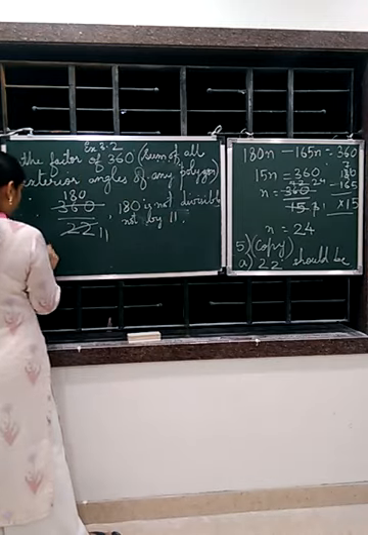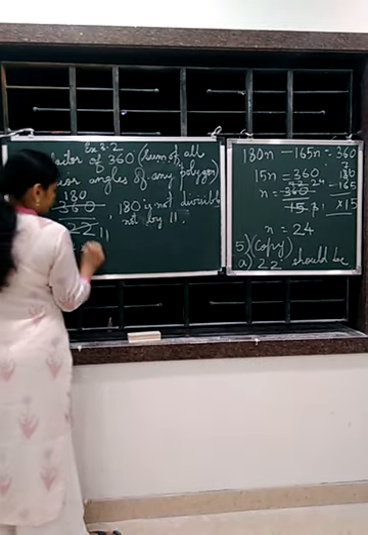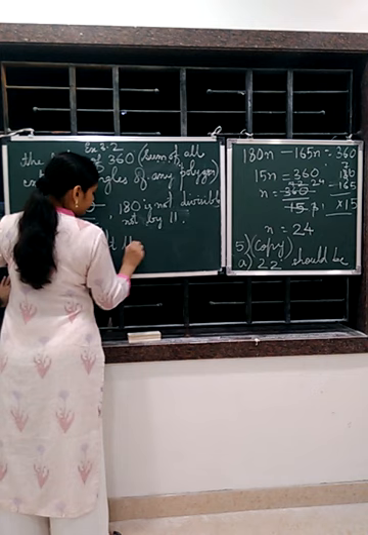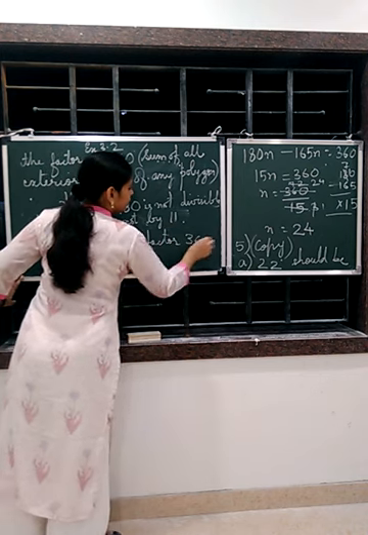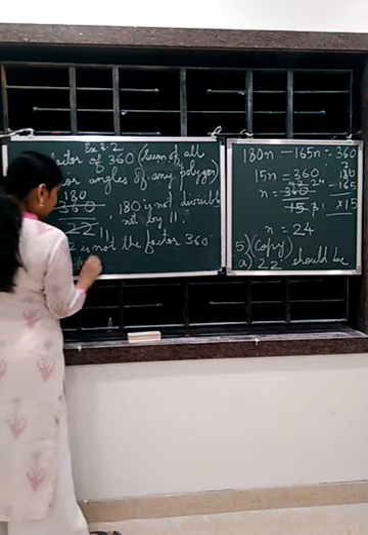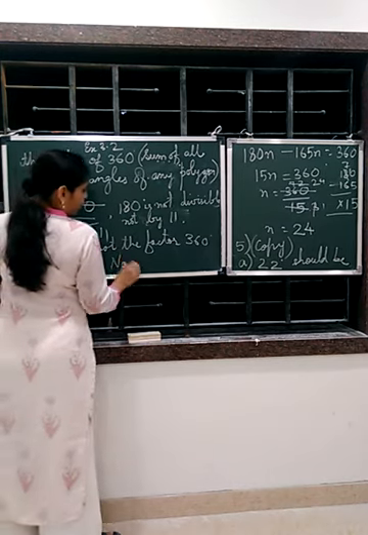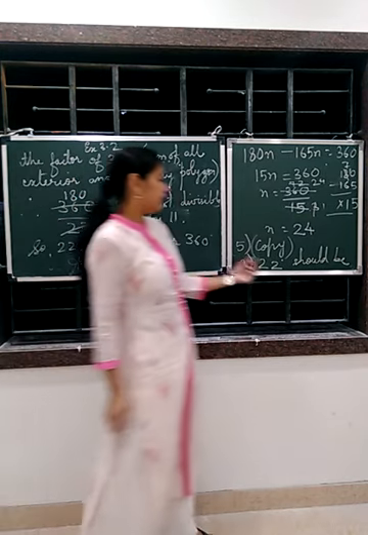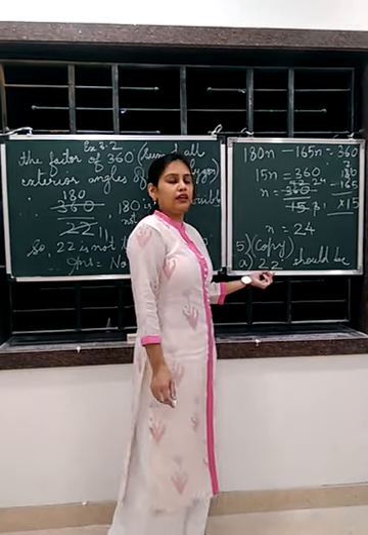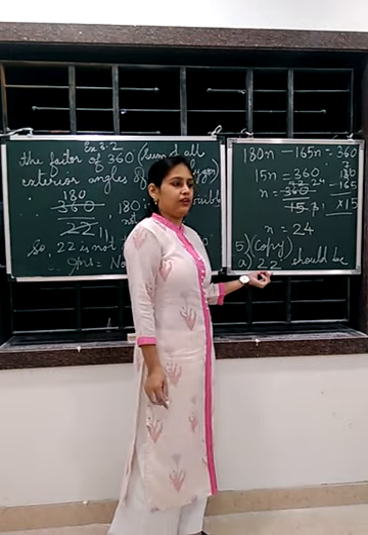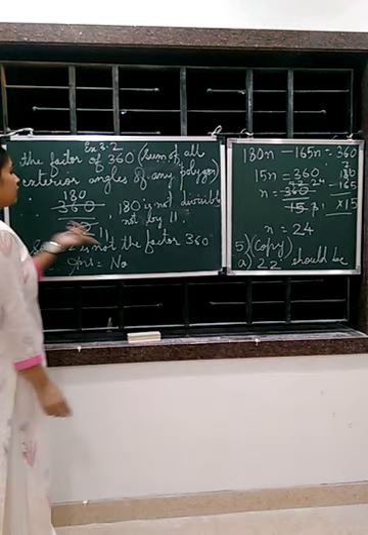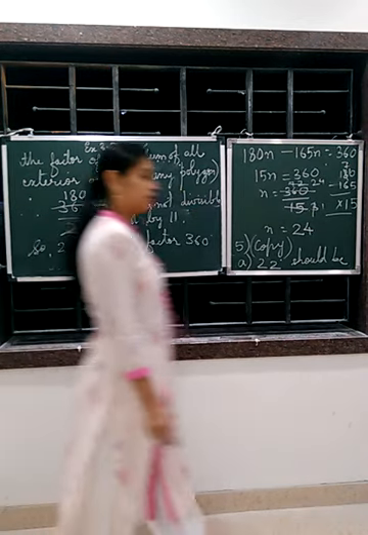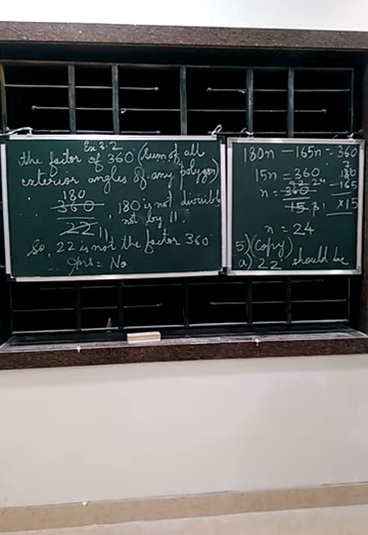So 22 is not a factor of 360 degrees. So the answer is no. The measure of each exterior angle of any polygon cannot be 22, because 22 is not a factor of 360, and we have proven it. This is A.